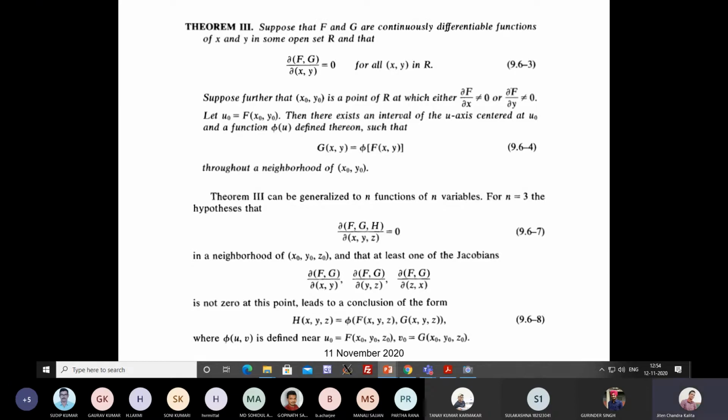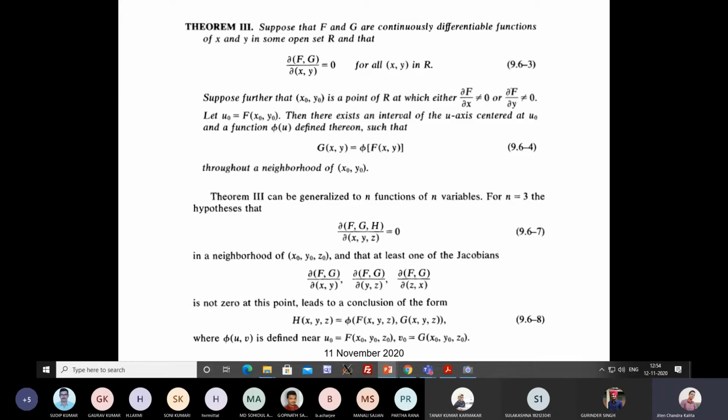Is it okay? Fine. So any one of them can be expressed as a function of the other 2 variables, assuming it is a C1 function that exists in the neighborhood of that point.